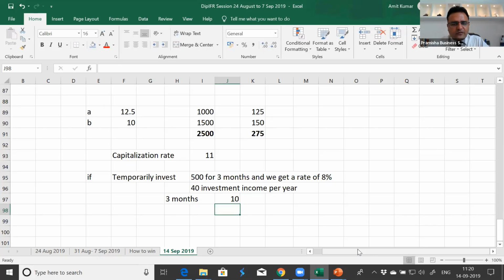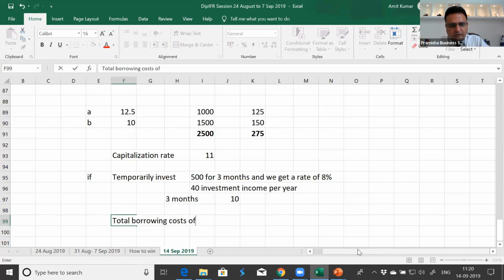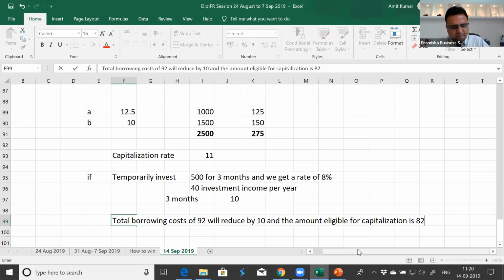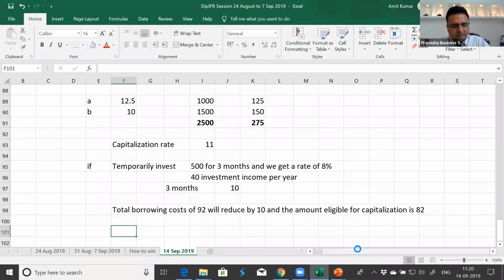So total borrowing cost of 92 will reduce by 10, and the amount eligible for capitalization is 82 in that scenario. Clear? Yeah.